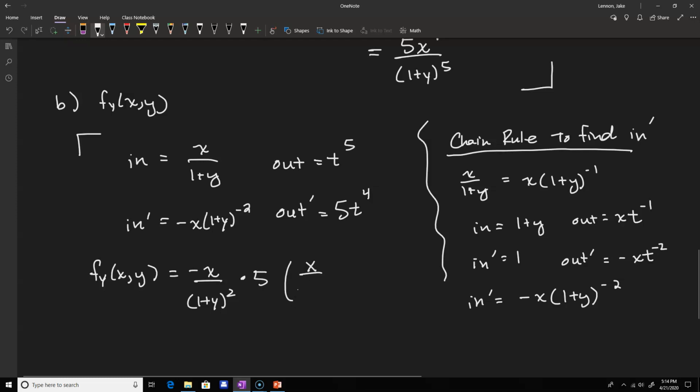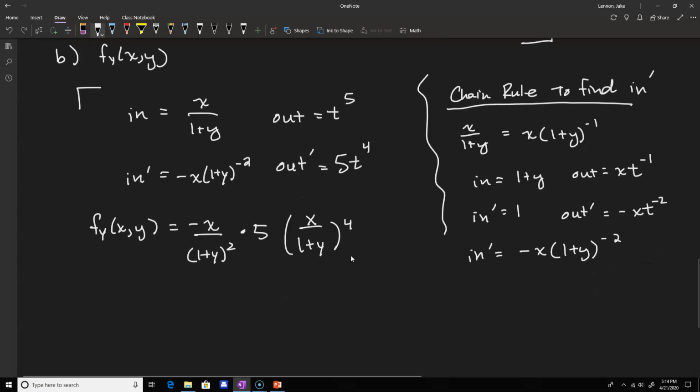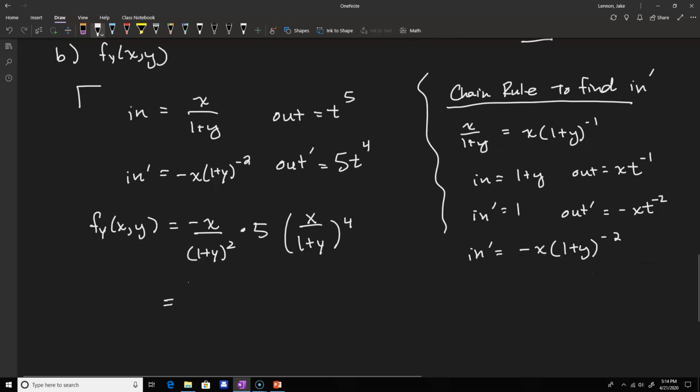Change t back to x over 1 plus y to the 4th power. So this ends up as, we have negative 5x squared in the numerator, and then in the denominator we're going to have 1 plus y to the 6th power.